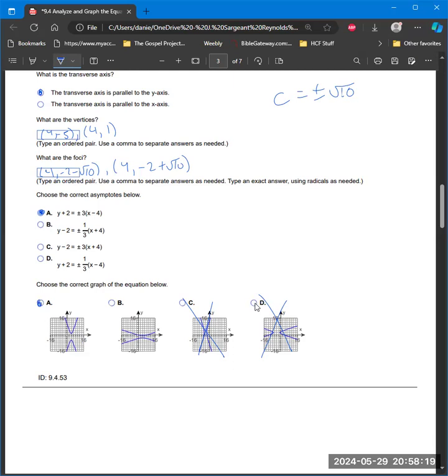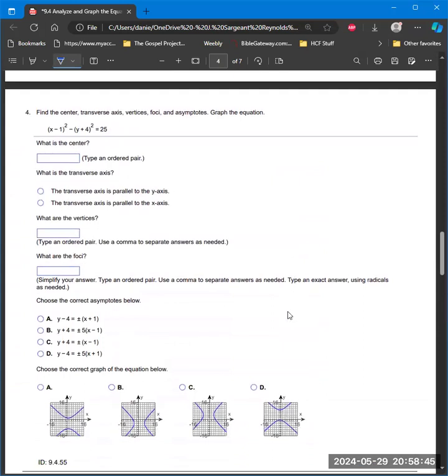Negative 5 is down here somewhere, and that doesn't look like it's (4, −5). So (4, −5) looks right there, and (4, 1) looks right there. Also, the foci look approximately right, and the asymptotes look correct to me as well, that they have a slope of 3.